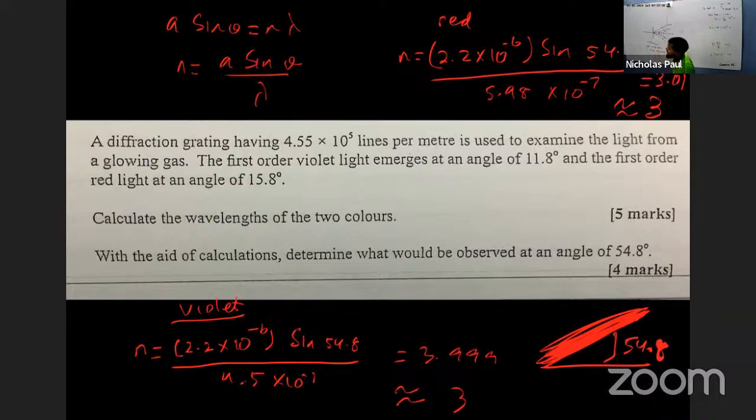What that possibly also means is that order 4 might exist. Let's just check it and see now. Check the maximum number of orders for violet. Just work it out. Divide A by lambda. And tell me what's the maximum number of orders.